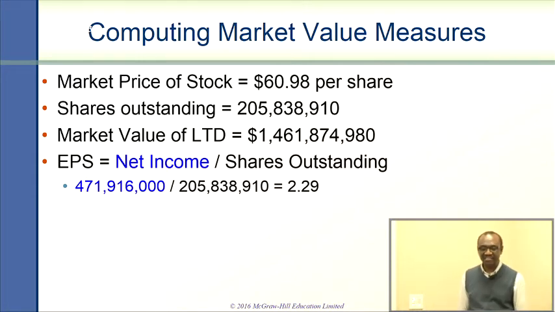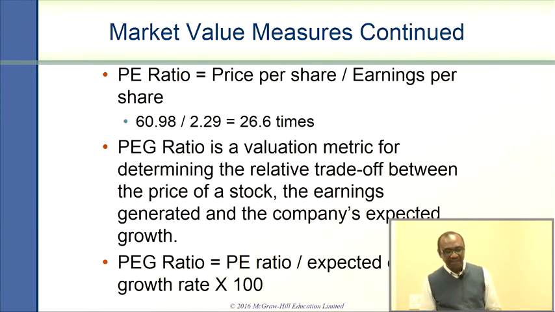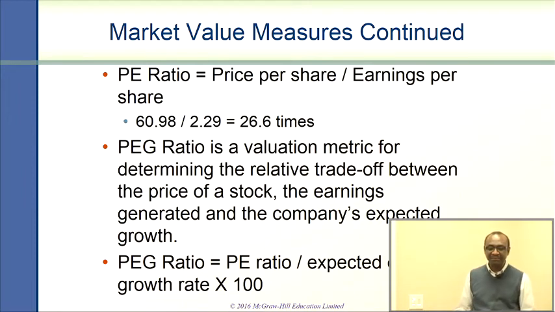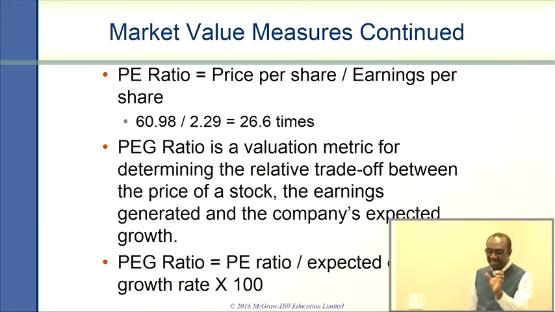So in essence, the earnings per share for this company is $2.29. We can also talk about the price earnings ratio, which is simply the market price divided by earnings per share, which we just calculated. In this case, it's 26.6 times.